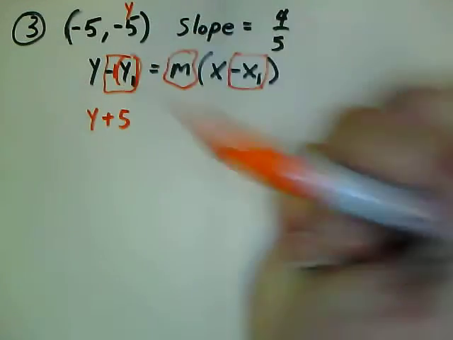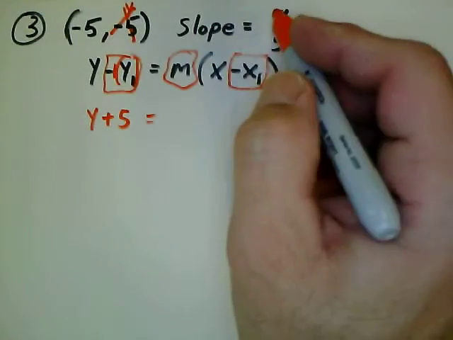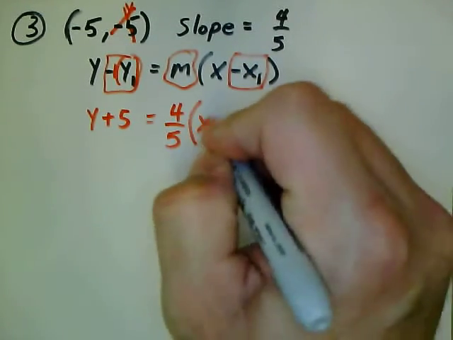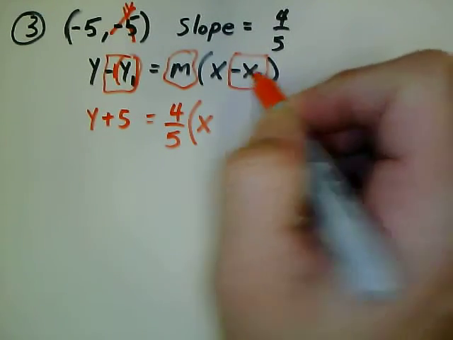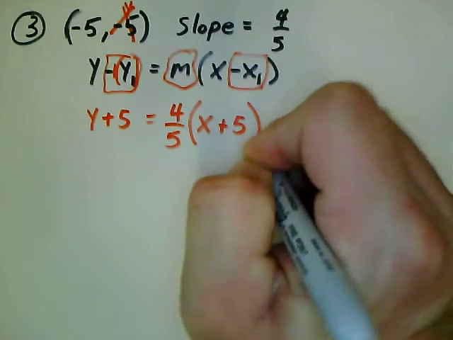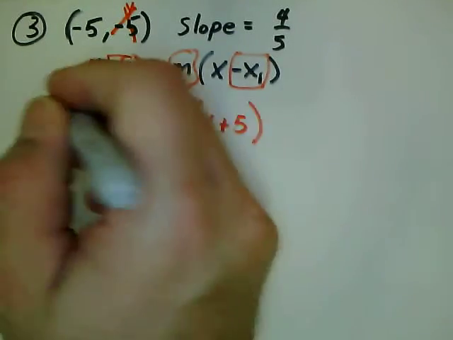So since it's -5, it's going to be +5. I'm given the slope. That's an easy one. And I'm looking for the x. Well, it's -5, so the opposite of that is +5.